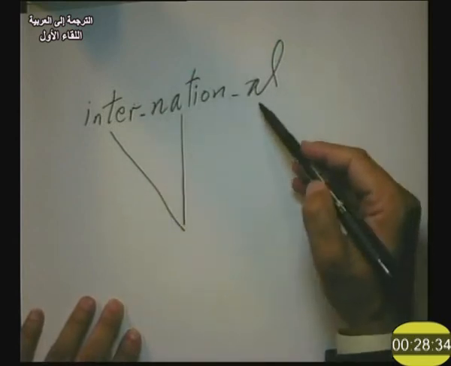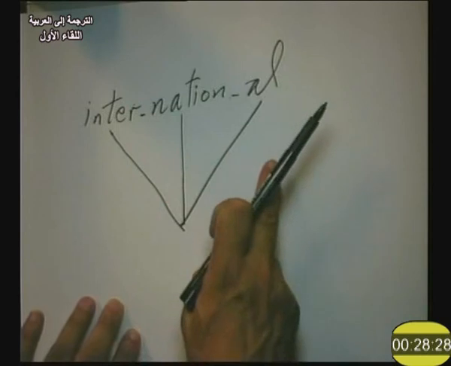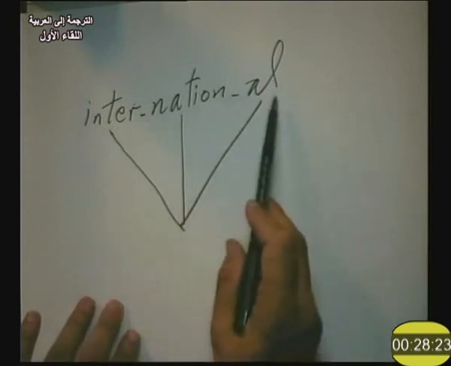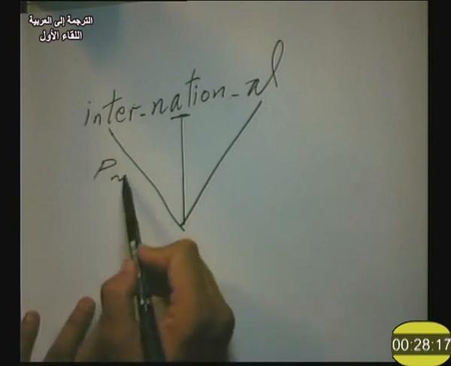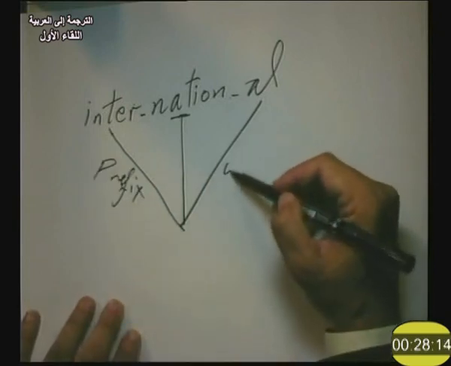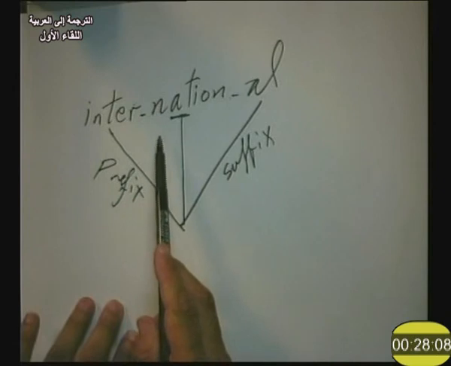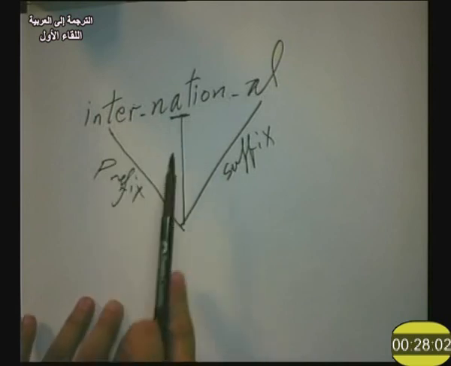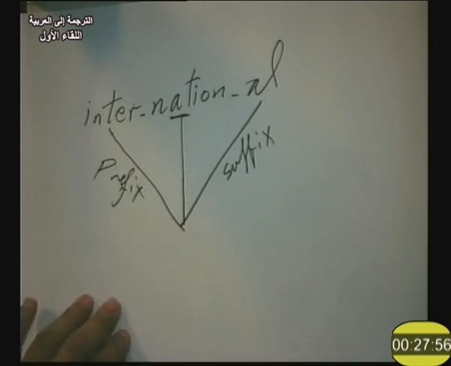The suffix al gives an adjective for international, meaning "دولي" or "عالمي". International means worldwide. Here the base is nation, inter is the prefix, al is the suffix. So if you know the root of words, it will make it easy for you to realize the other parts and the meanings when the prefixes and suffixes are attached to this root to give other derivatives, and so on and so forth.